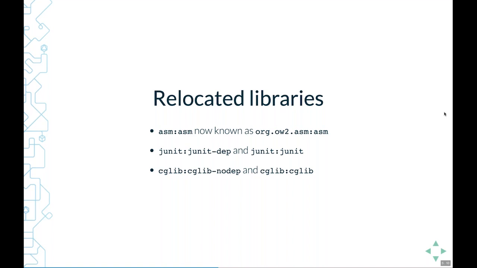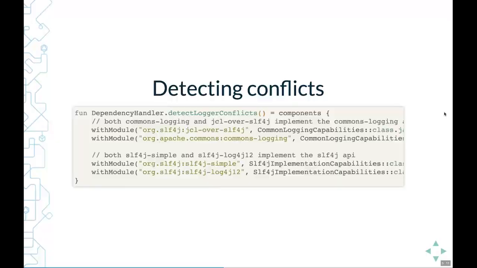Typically you can have ASM, which was once published at one coordinate and is now published at different coordinates, but it's actually the same library. It provides the same capability. So again, this is about capabilities, and capabilities can fix this by upgrading capabilities to a newer version.